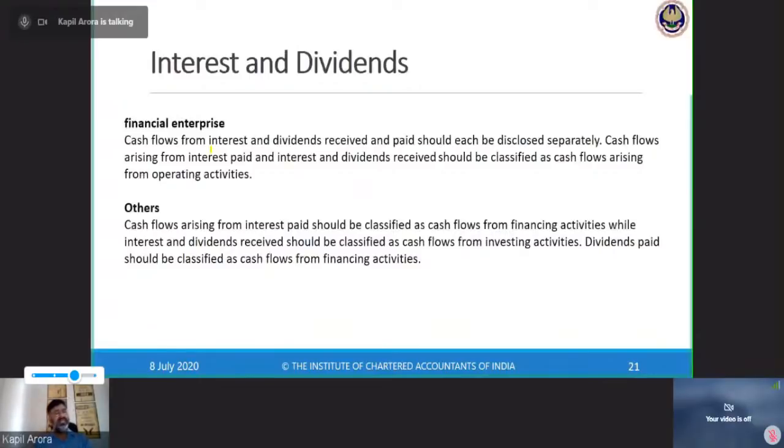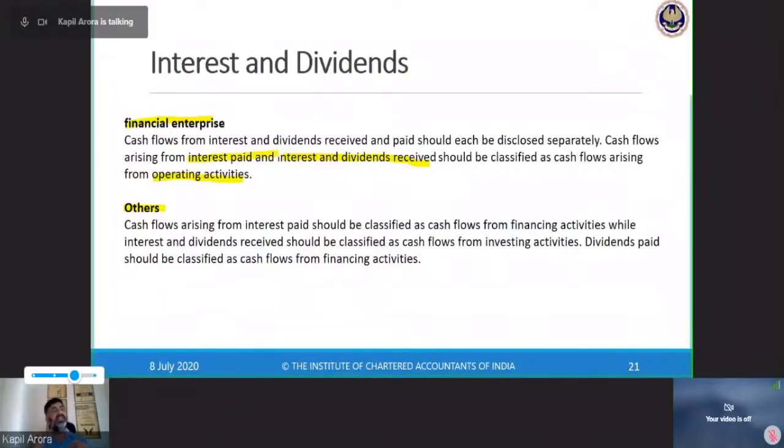Interest and dividend, I guess we have already discussed that. For financial enterprises, this is the summary you can consider. Interest and dividend received should always be considered operating activities, and interest paid as well.